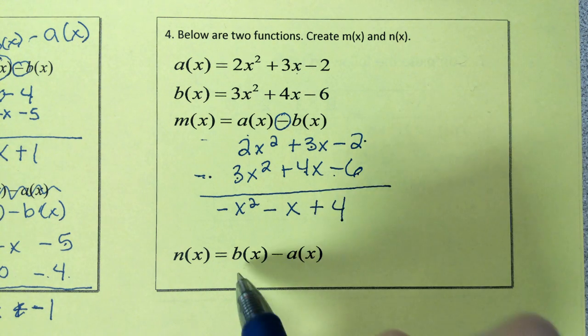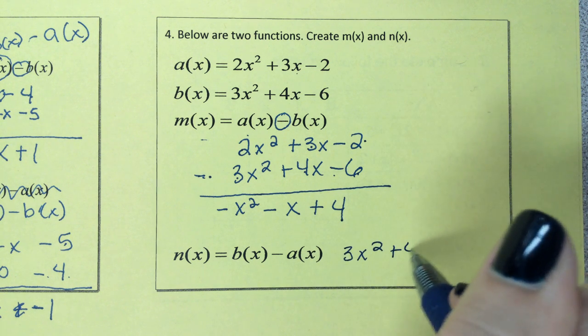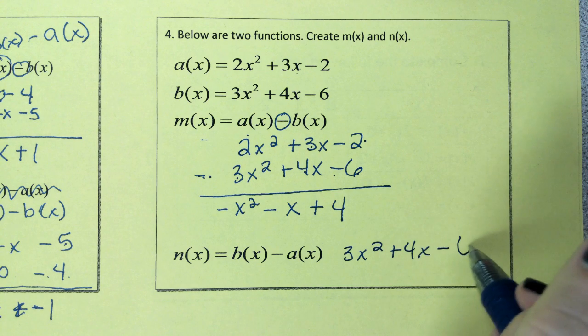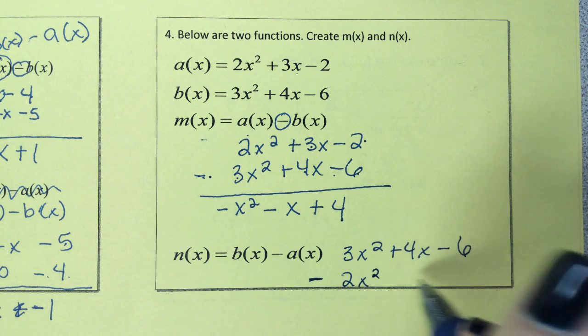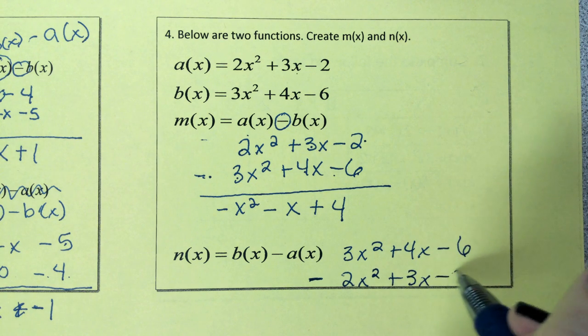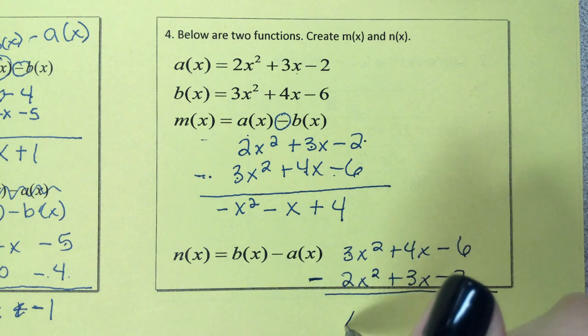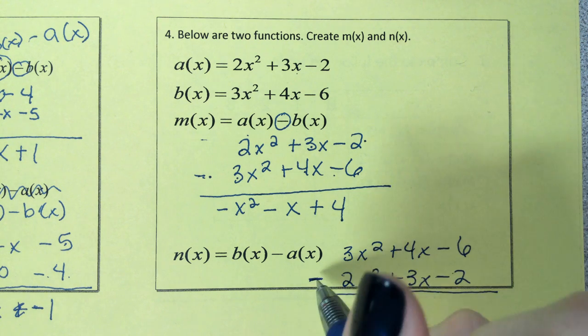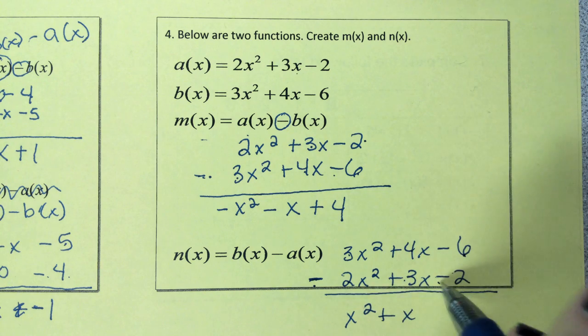Alright, n of x. We've got now b of x first, so 3x squared plus 4x minus 6 minus 2x squared plus 3x minus 2, draw that line, 3 minus 2, well, that gives me x squared. 4 minus 3 plus x, and then negative 6 minus negative 2 gives me minus 4.